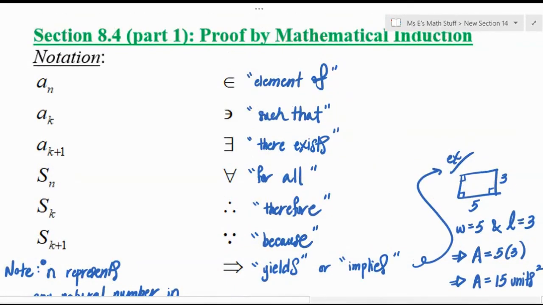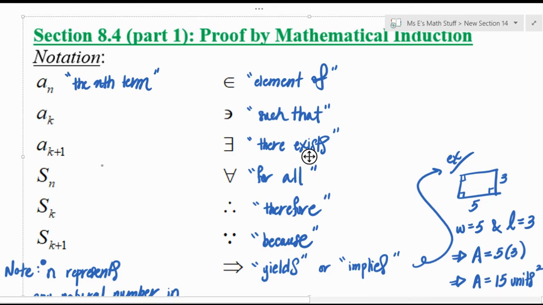Now for notation, when you see A sub N, I hope you recognize that as the nth term of a sequence, where N would be variable, so N could be any natural number.